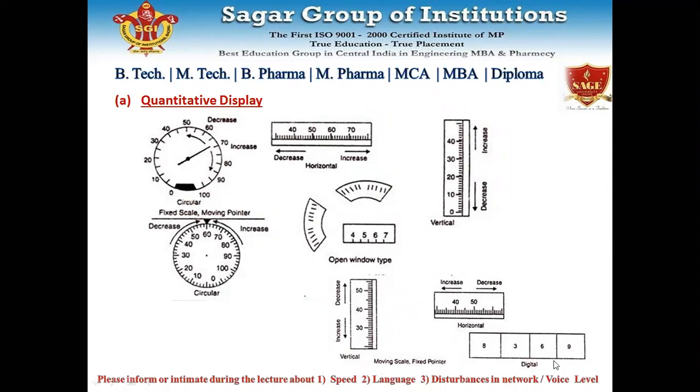and the pointer is fixed, and in some the scale is fixed and normally the pointer moves. So the digital counter display looks a bit more suitable for making quick and precise numerical readings.